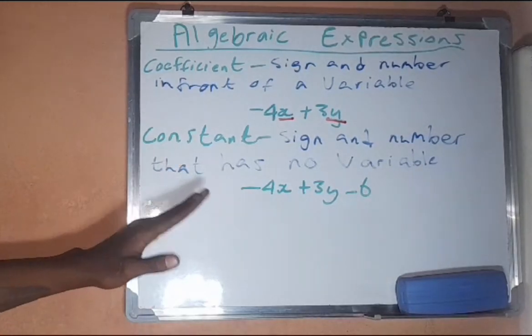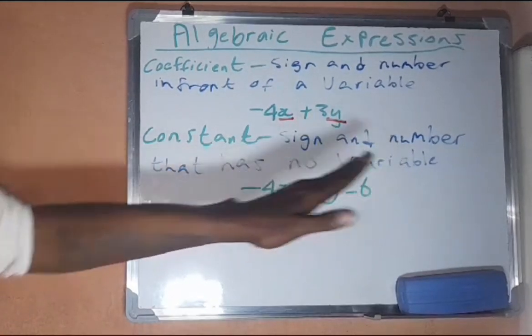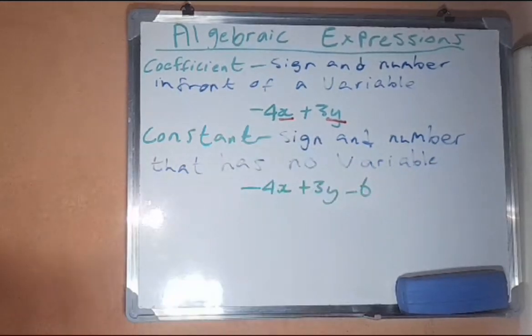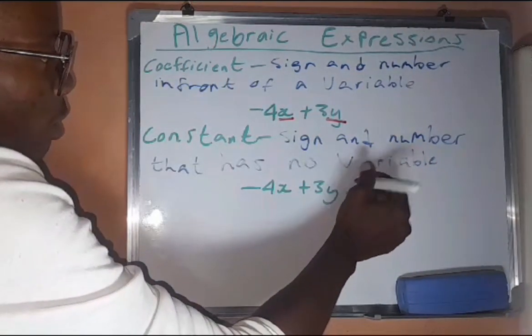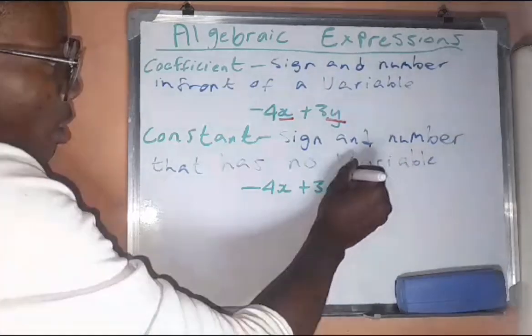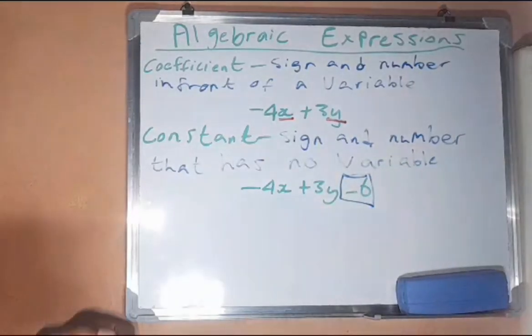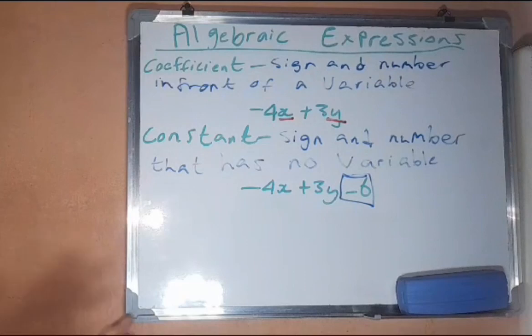A constant is a sign and number that has no variable. The number here that has no variable is obviously minus 6. This is the only number and sign that has no variable attached to it.